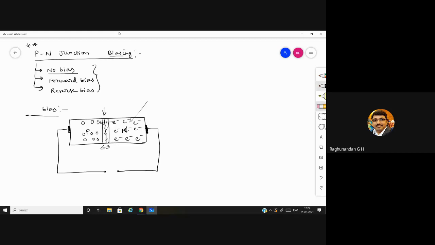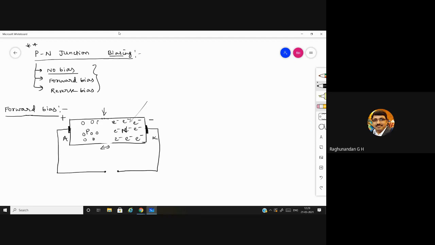After this, the next one is forward bias. In forward bias, we are going to connect the battery. We know that this is positive and this is negative, that means this is the anode and this is the cathode.